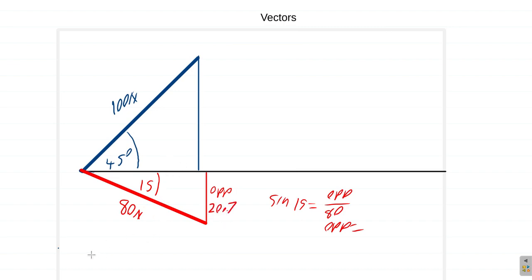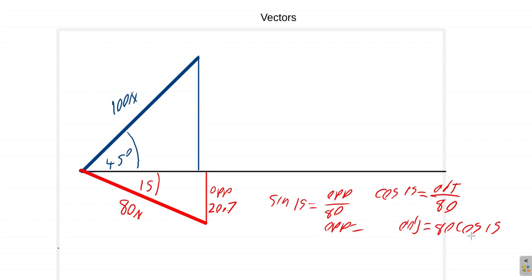What about the adjacent? For this adjacent, we use cosine. Cos 15 is the adjacent over hypotenuse 80. That adjacent we're talking about is this length here. So the adjacent that we want is 80 cos 15.